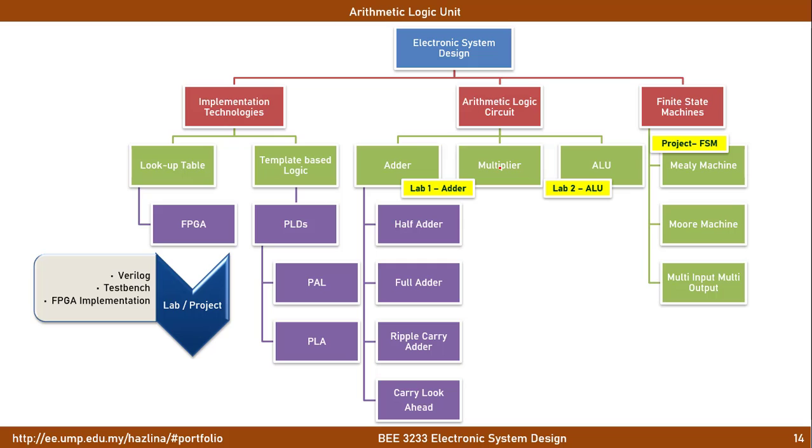Here, you should be able to do the multiplication process as well as derive the digital circuit related to this multiplier. And the third item is the ALU, as shown in the last segment, which stands for Arithmetic Logic Unit. This unit should be capable of doing 2 things: the mathematical operation, which is known as arithmetic operation, and also the logic, which is equivalent to the 7 logic properties.